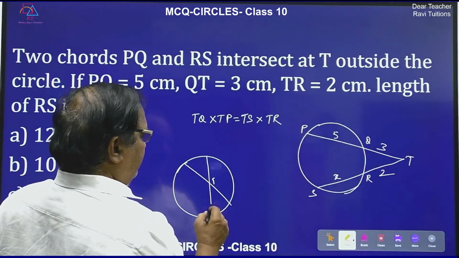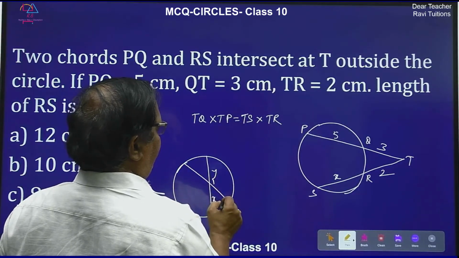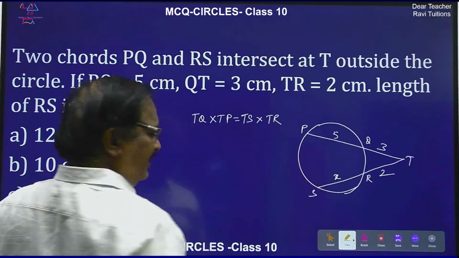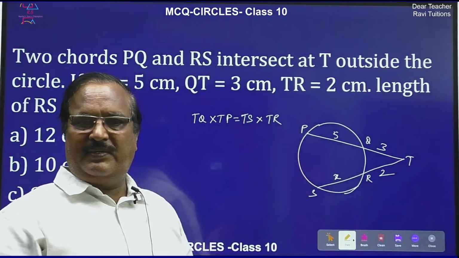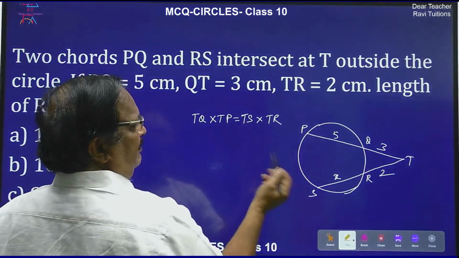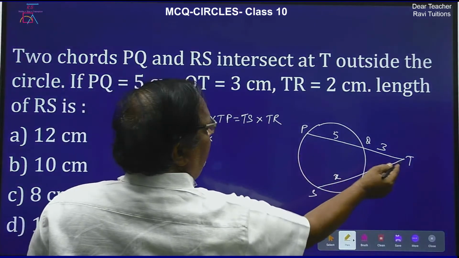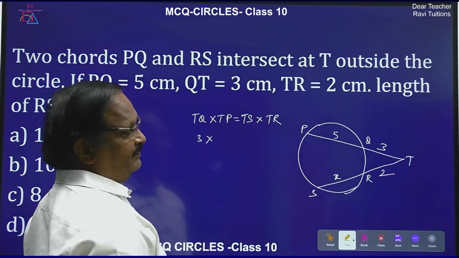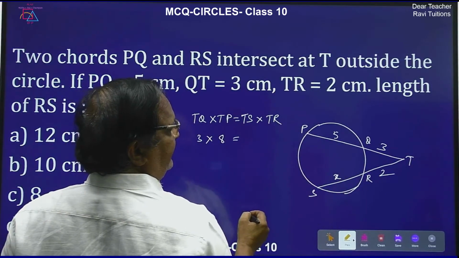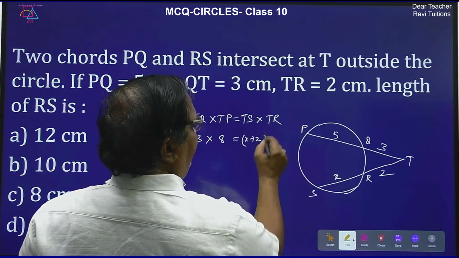x into y is equal to a into b, right? So it is very important, but this is not in your syllabus. I am not expecting this question, but anyway, TQ is 3, TP from here to here is 8, equal to TS from here to here, x plus 2, times TR 2.